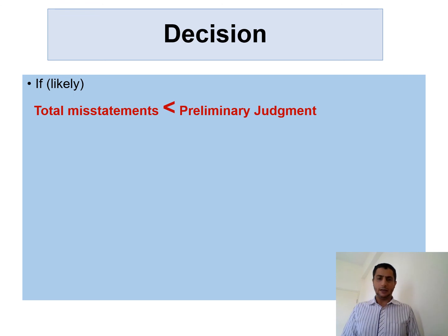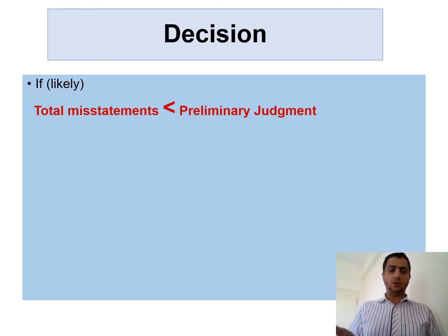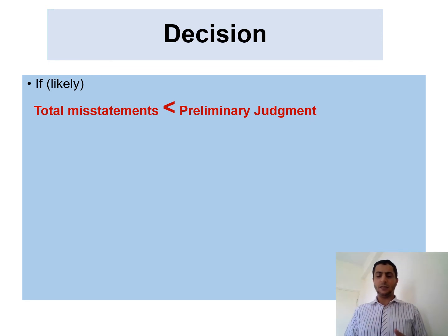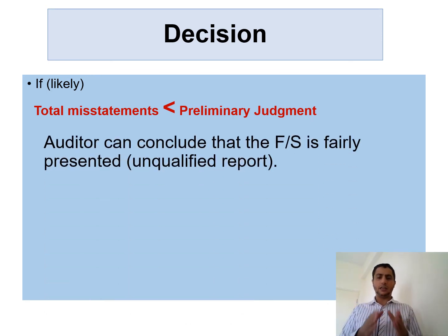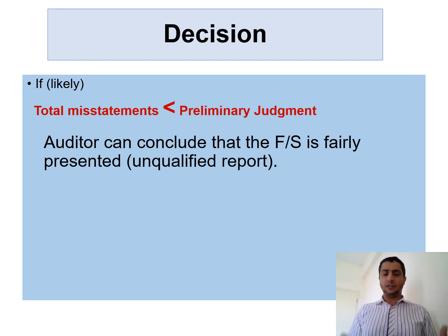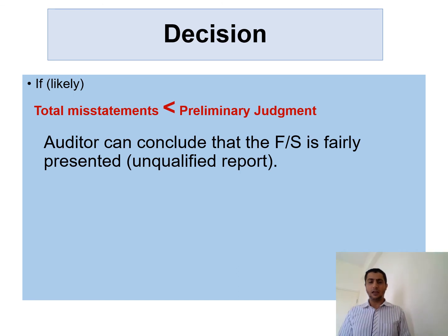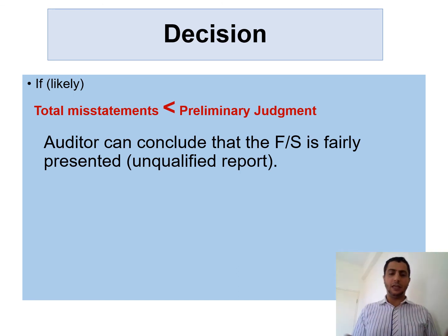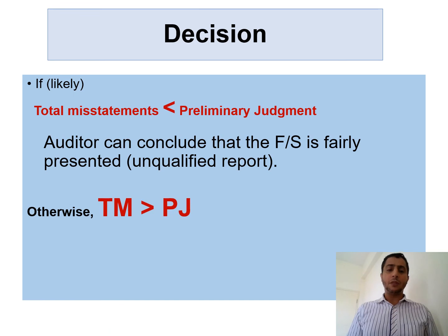So if the total misstatement is less than the preliminary judgment, then the auditor can conclude that the financial statement is fairly presented and free from material misstatement, and the type of audit report in this case will be an unqualified opinion.